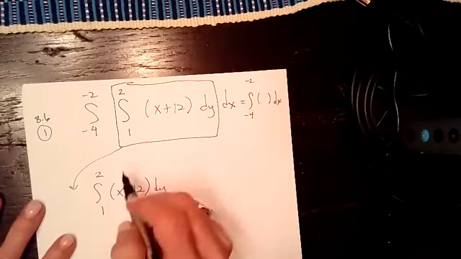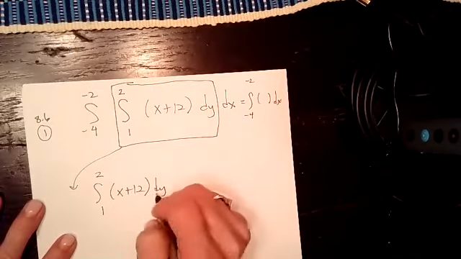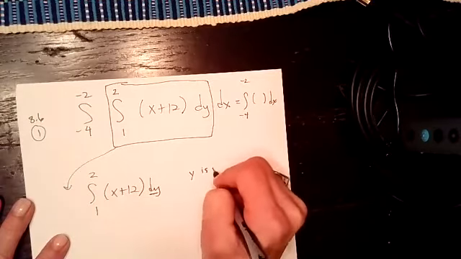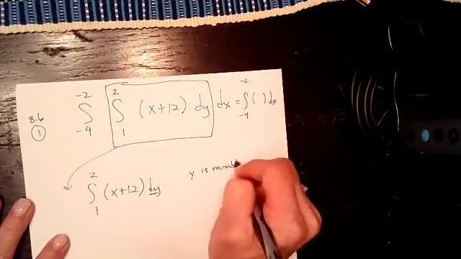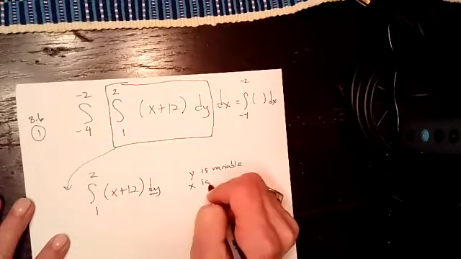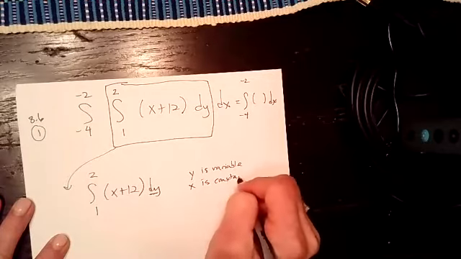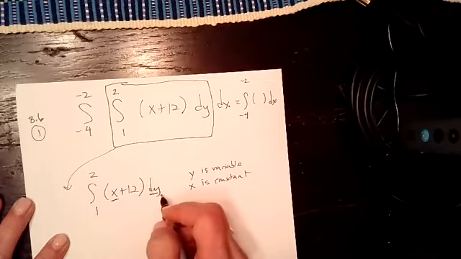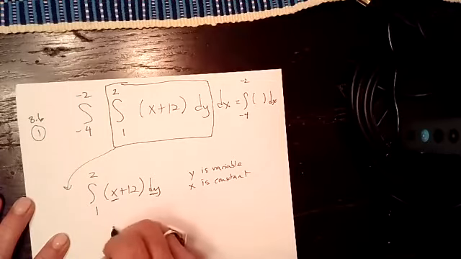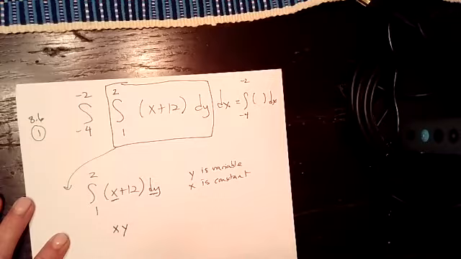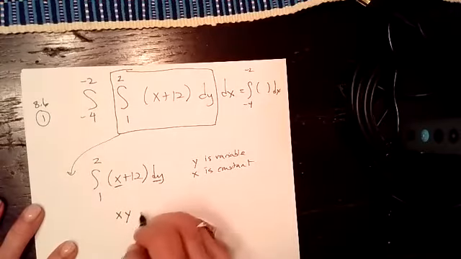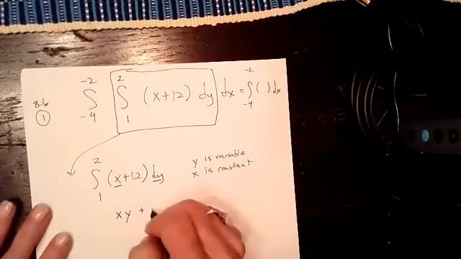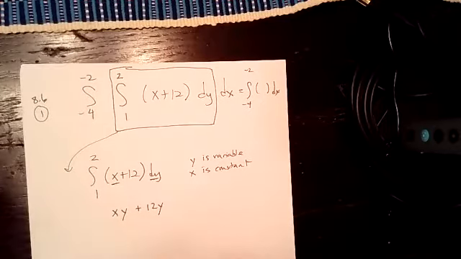So if I'm integrating x plus 12 with respect to y, what does that mean? That means y is variable, x is constant. So the integral of x with respect to y, x is a constant term, so that's just x times y, and then plus 12 with respect to y is just 12y.